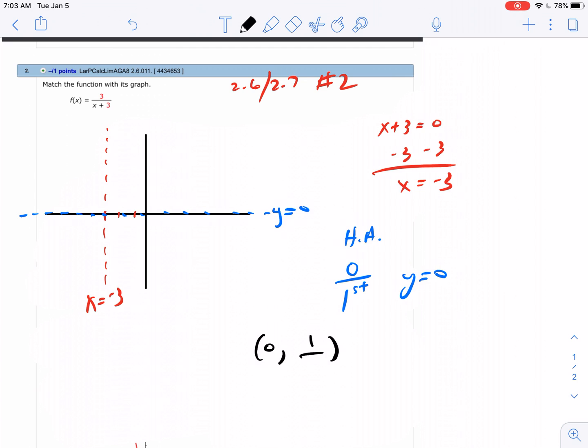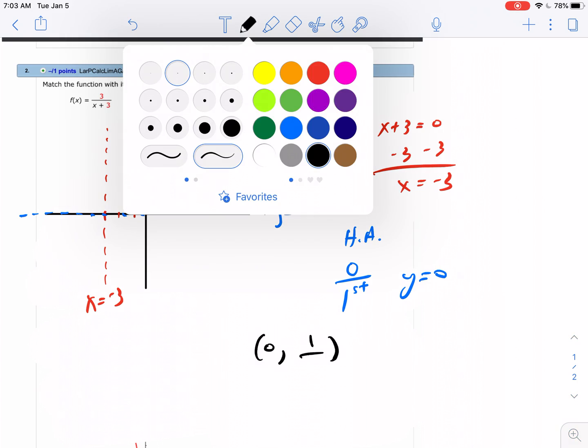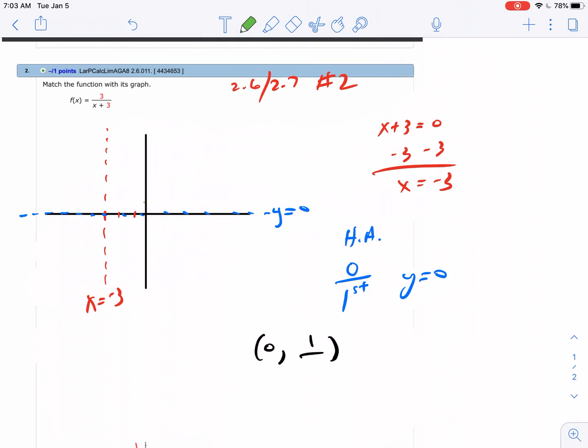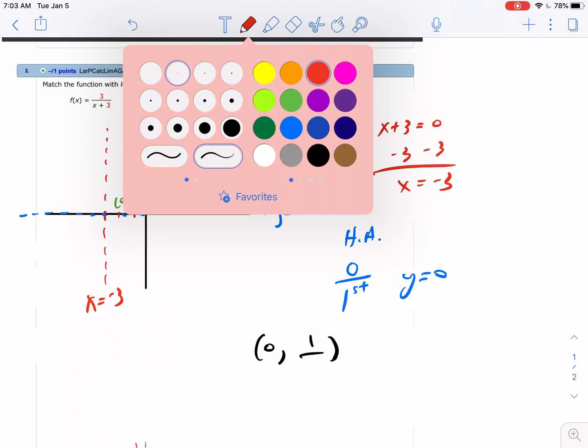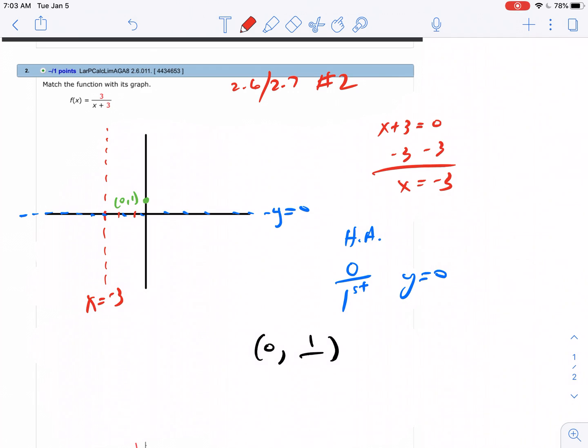So I can find that my y-intercept, let's do it in green, would be right here at 0, 1.